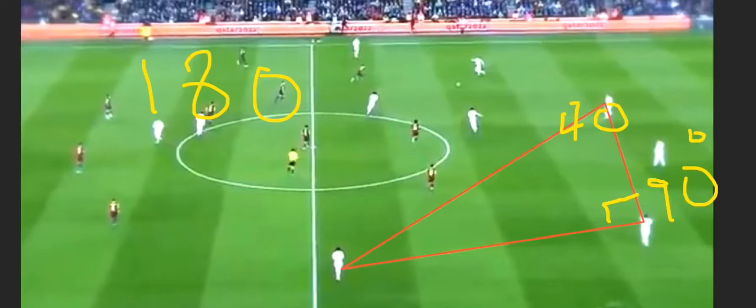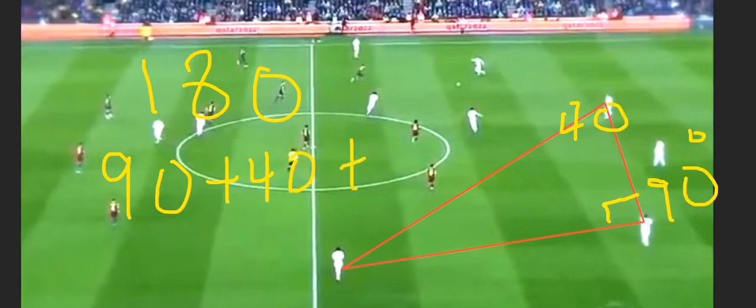Well, you have your equation now, 90 plus 40 plus the missing third angle, and we could use a variable n for that, equals 180.